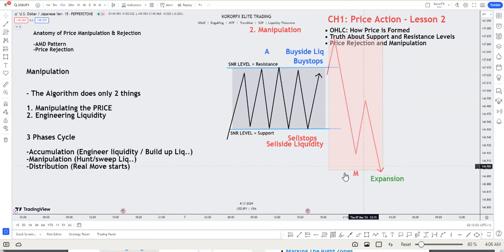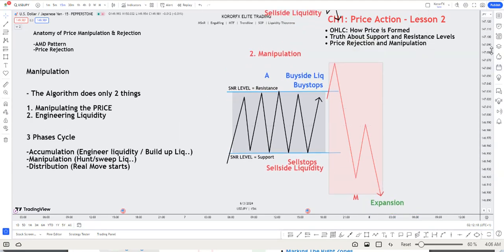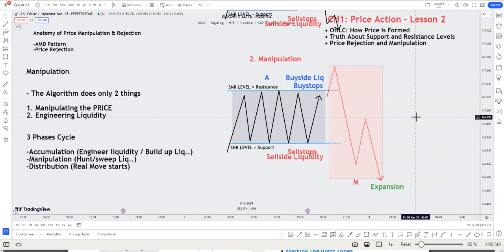The reason for manipulation is hunting stops. Price will hunt the sell stops and buy stops. When both sell stops and buy stops are hunted, the next phase that will really make the price move is called distribution.